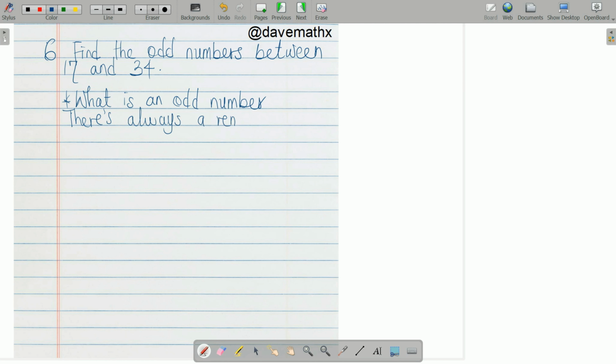There's always a remainder when divided by 2. Multiples of 11 are 11, 22, 33, 44, etc.